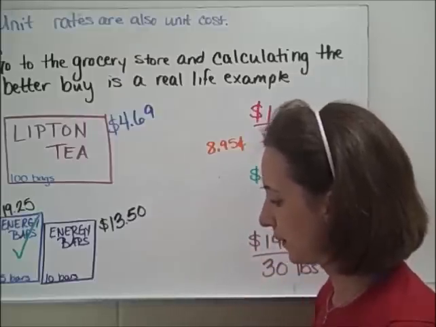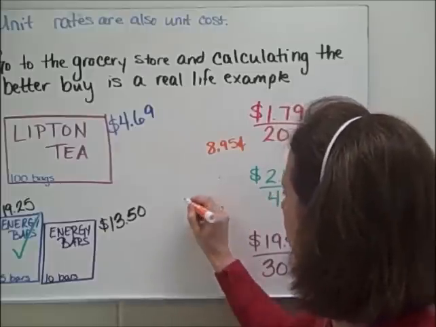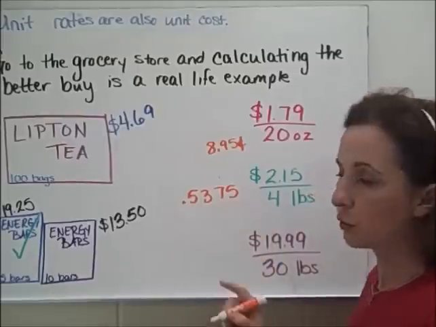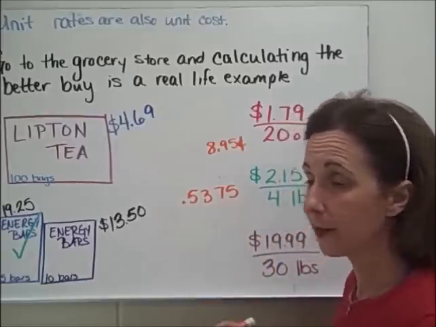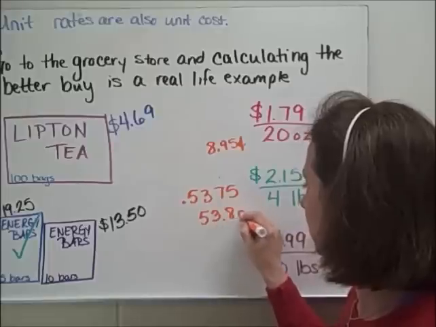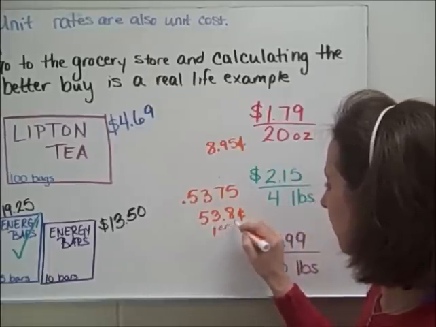2.15 divided by 4 looks like this. And so probably they would round this at the grocery store and they would call it 53.8 cents per pound.